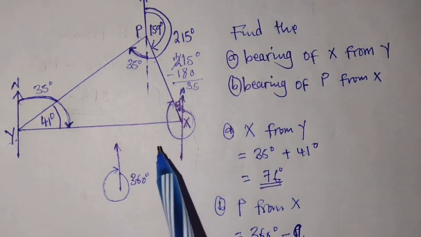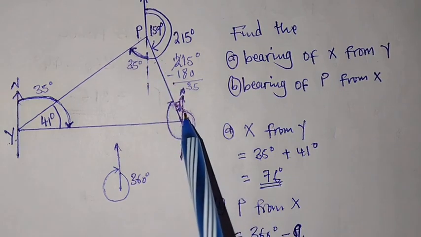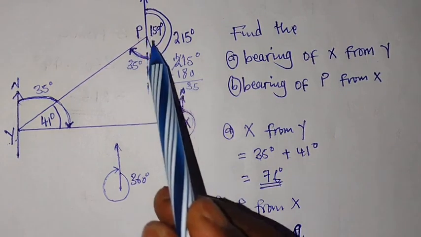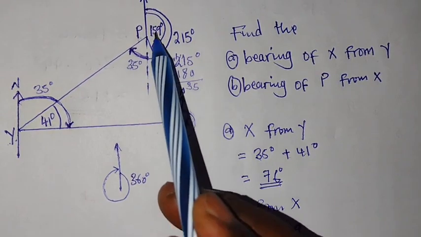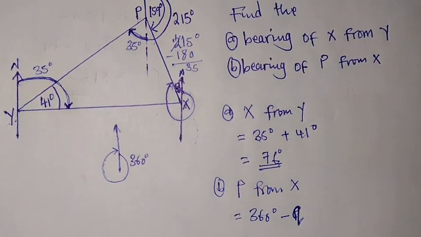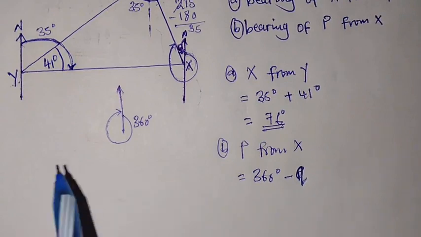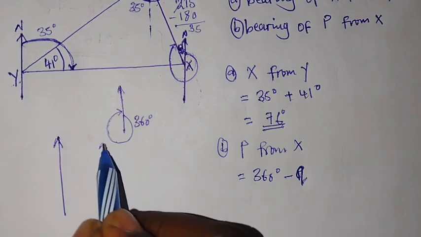Here there are two ways that you can use. This is the north, again this is the north. So this north and this north are parallel to each other, and you have a transversal line. So if from here to here you have 159, this angle and this angle will be allied angles.